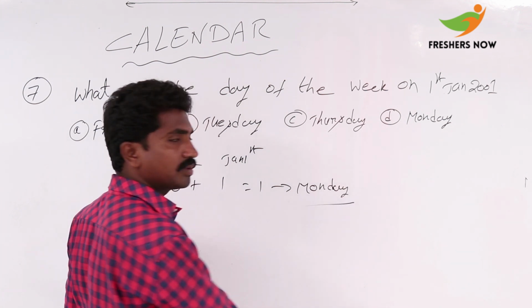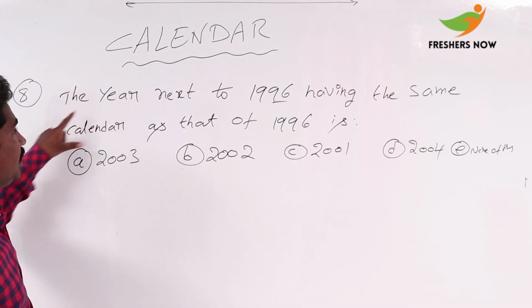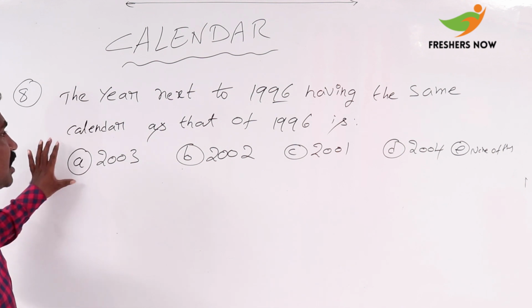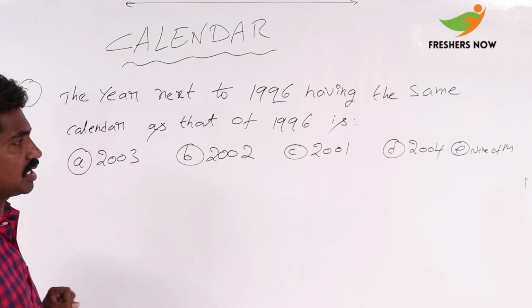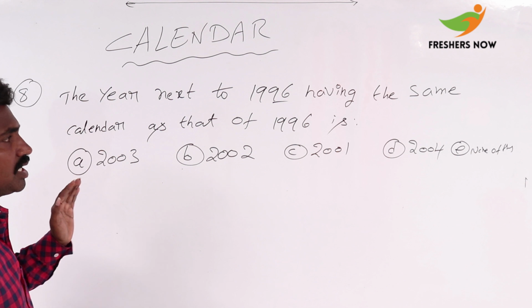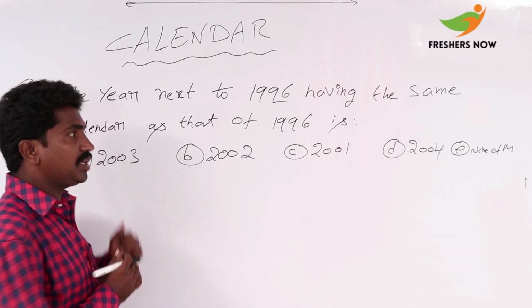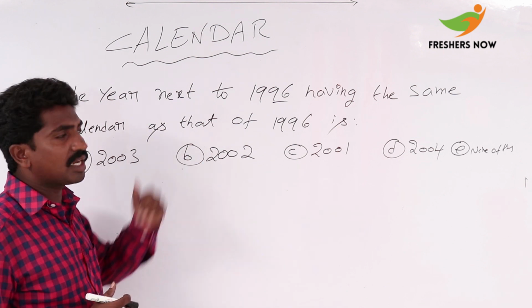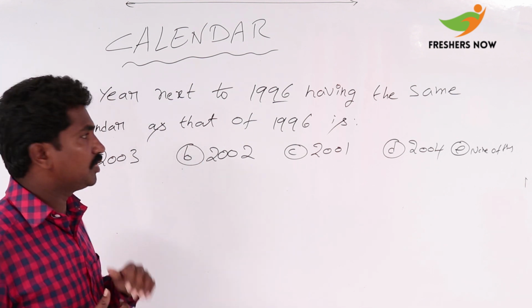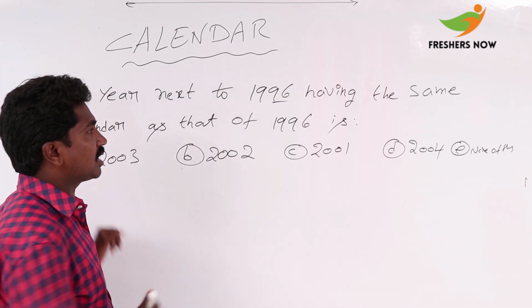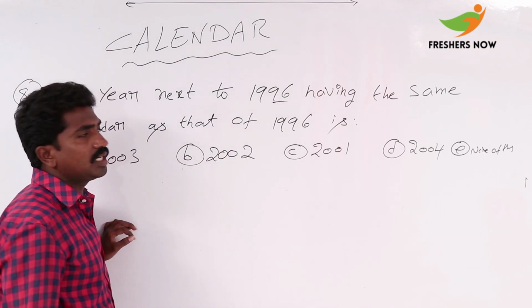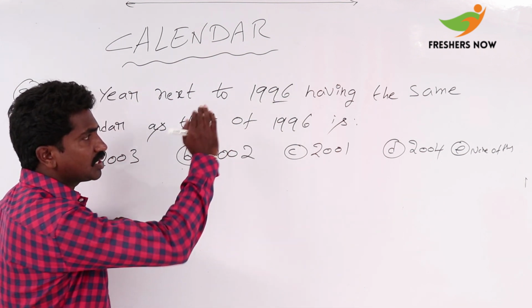Question: the year next to 1996 having the same calendar as that of 1996 is? That means, if we have the 1996 calendar, when will we use that same calendar again? Observe, the last two digits 96 are divisible by 4, so this is a leap year.